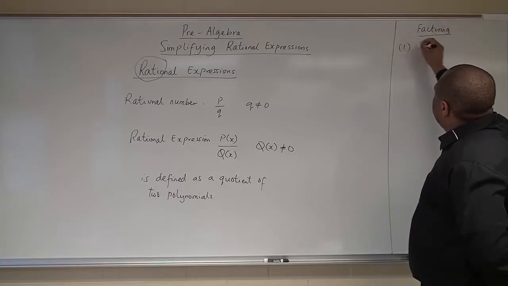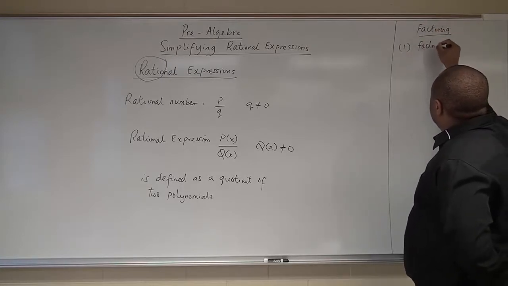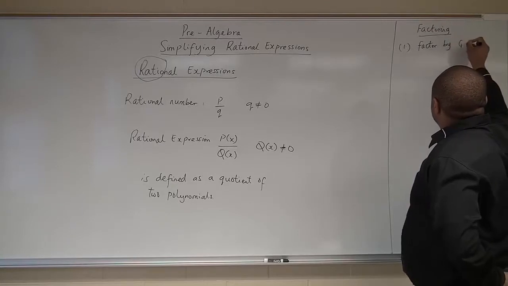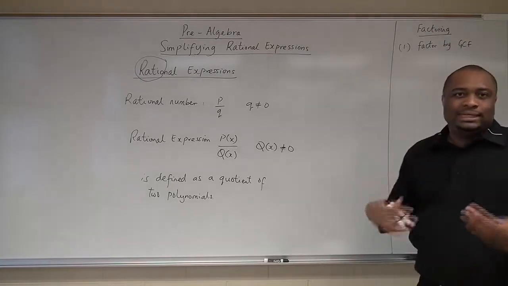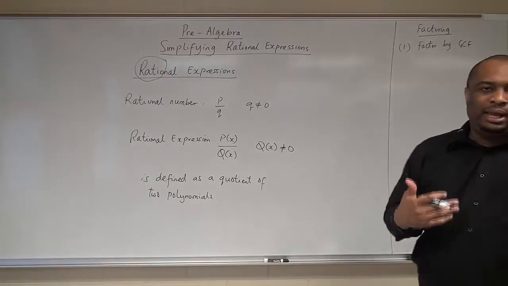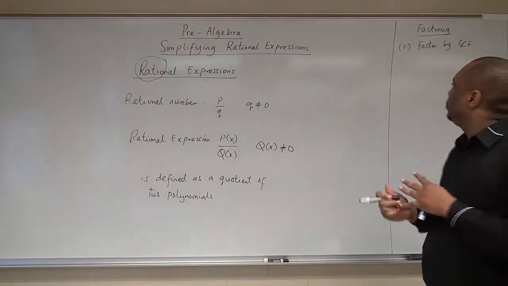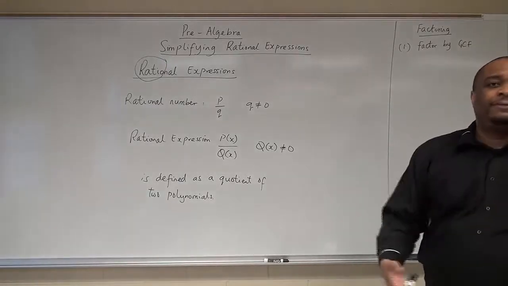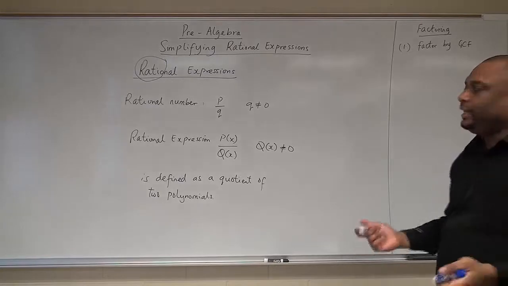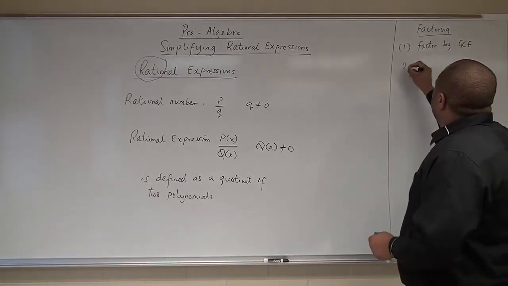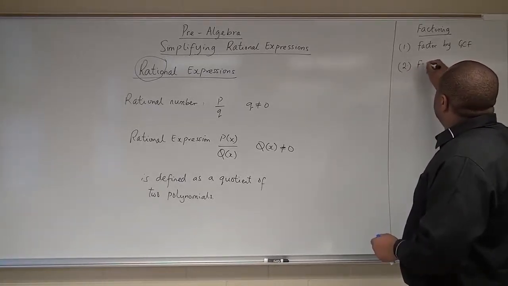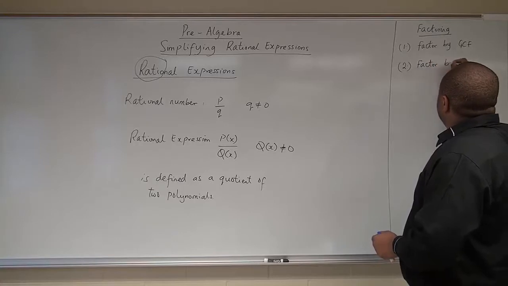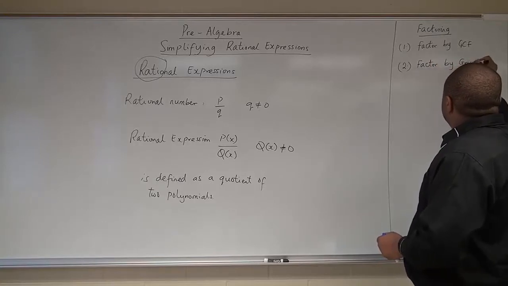Number one, we have factoring by GCF. Of course, that is the most important one. Like we mentioned in previous videos, you want to first try factoring by GCF. Number two, we have factoring by grouping.